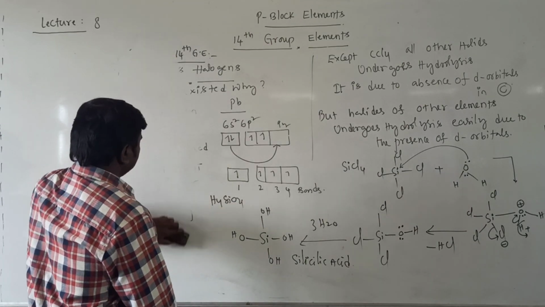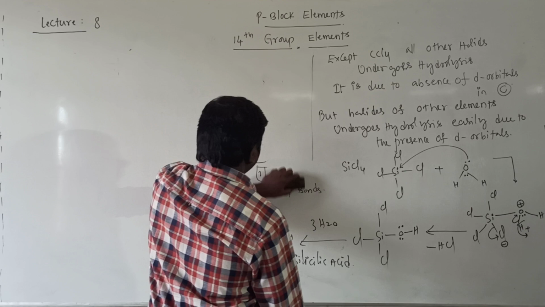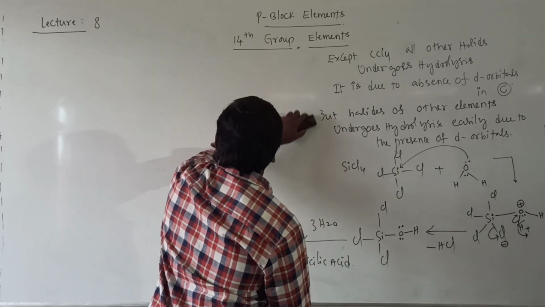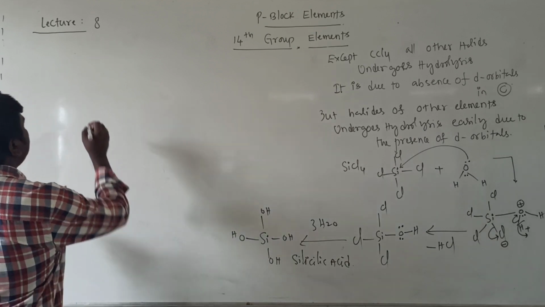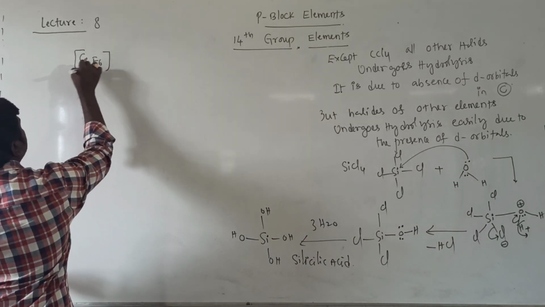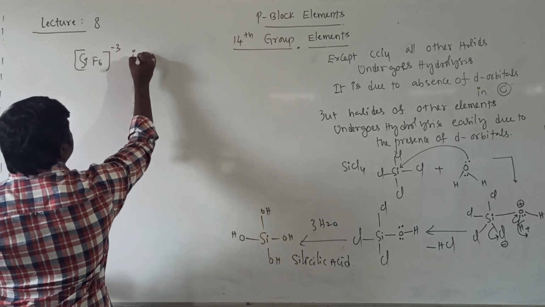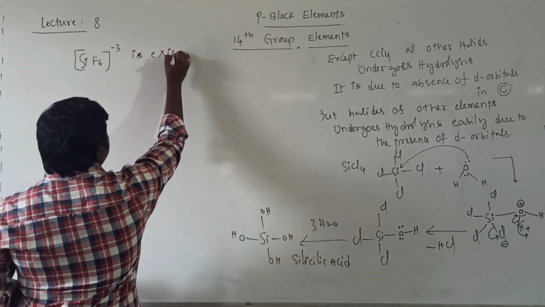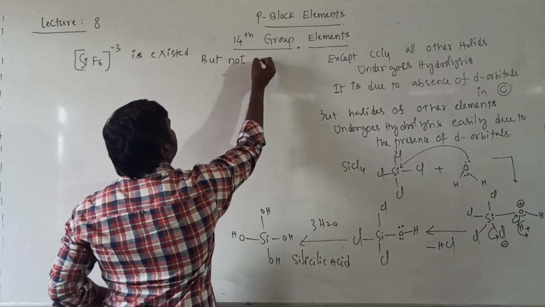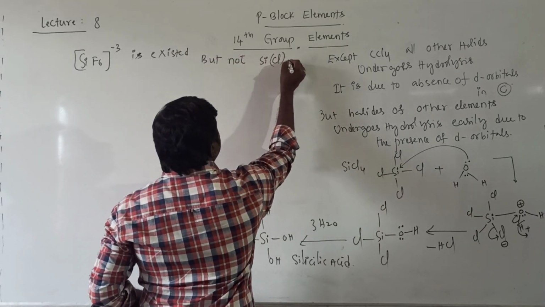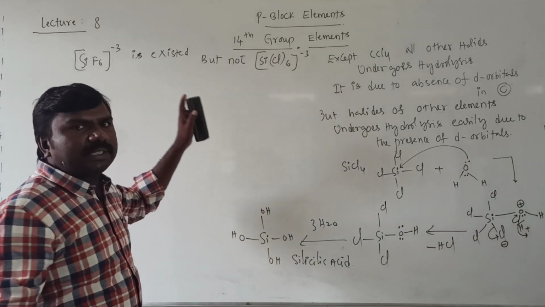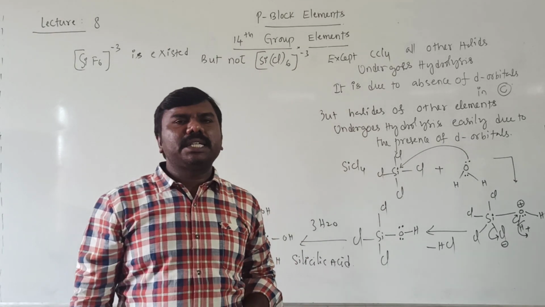Now the tricky question is, SiF6 minus 3 is existed, but not SiCl6 minus 3. SiF6 is possible, but not SiCl6.